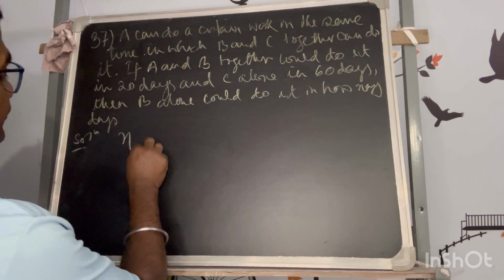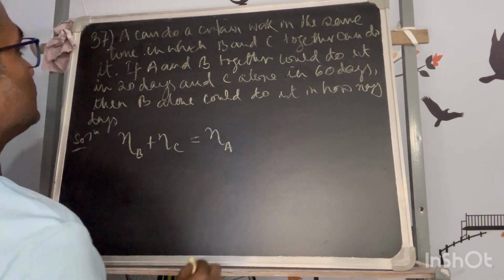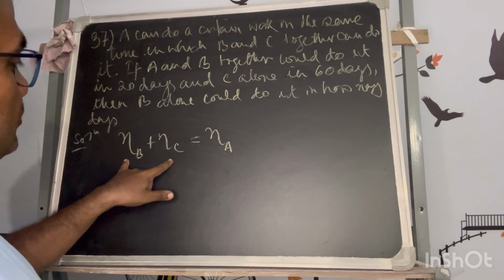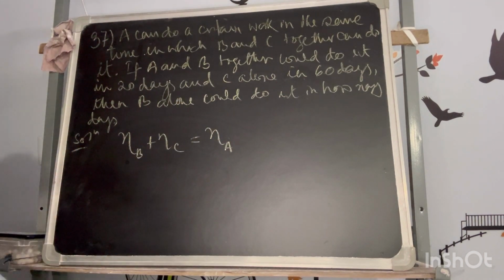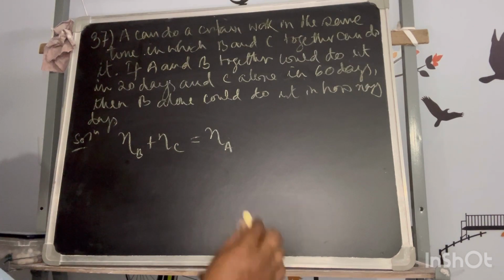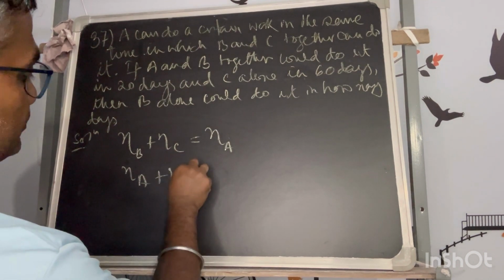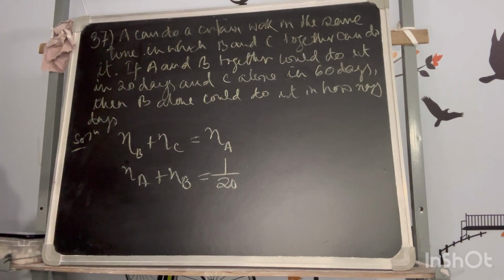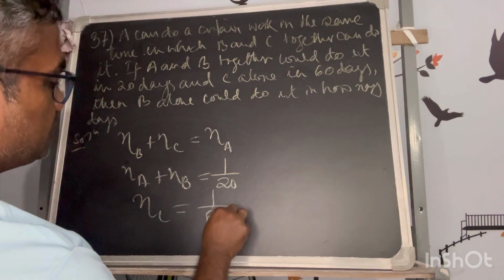So the efficiency of B plus efficiency of C together is the same as the efficiency of A. Second, A and B together could do it in 20 days, so their efficiency is 1 by 20, and C alone can do it in 60 days, so the efficiency of C is 1 upon 60.